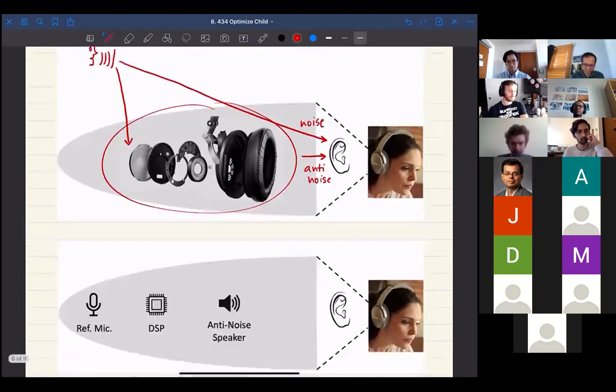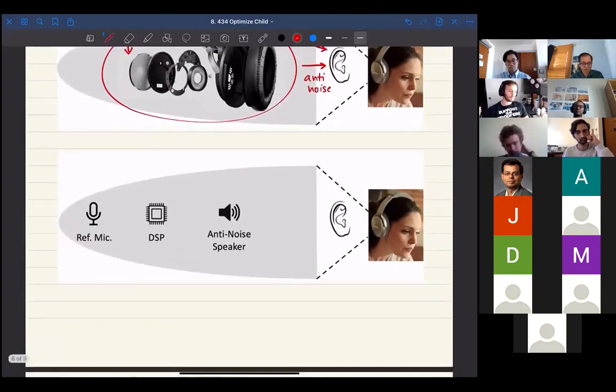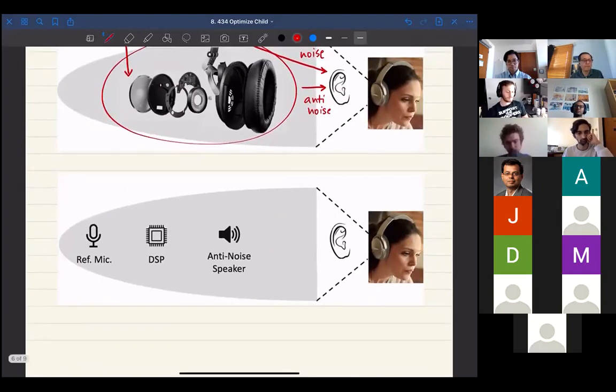Okay, very good. So what does the earphone contain? The earphone basically contains the following. It contains a reference microphone, a DSP chip, a digital signal processor chip, an anti-noise speaker, and something else that is called a feedback microphone. There are two microphones. One is on the inner side of the ear towards the inside of the headphone, and another is towards the outside of the headphone.